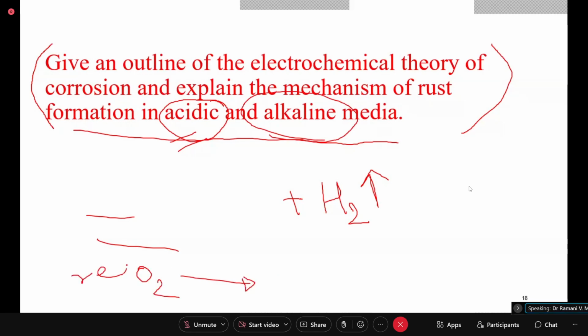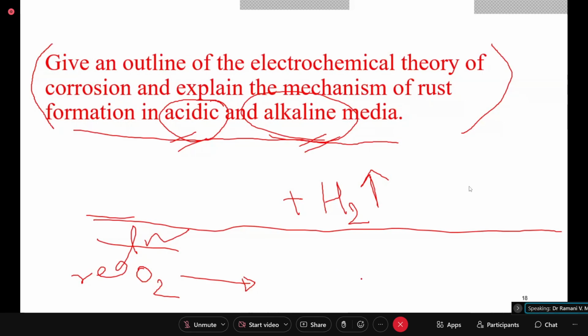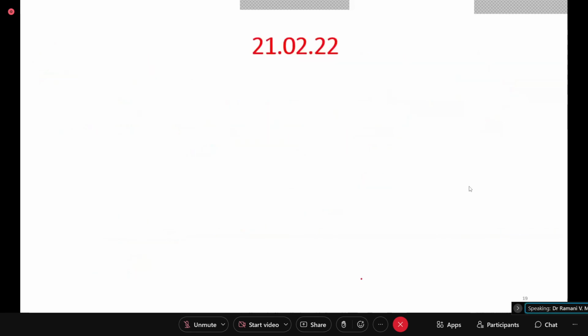So there are two types of mechanism: one is hydrogen liberation, and the other is reduction of oxygen, where you don't get hydrogen liberation because the solution is alkaline in nature. You can read this from the book.